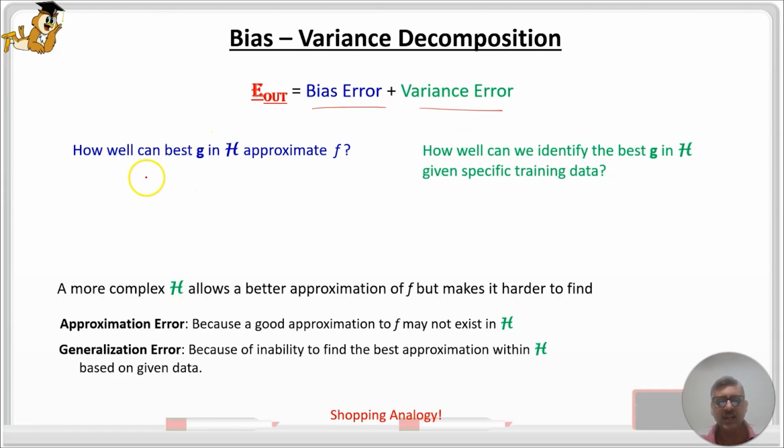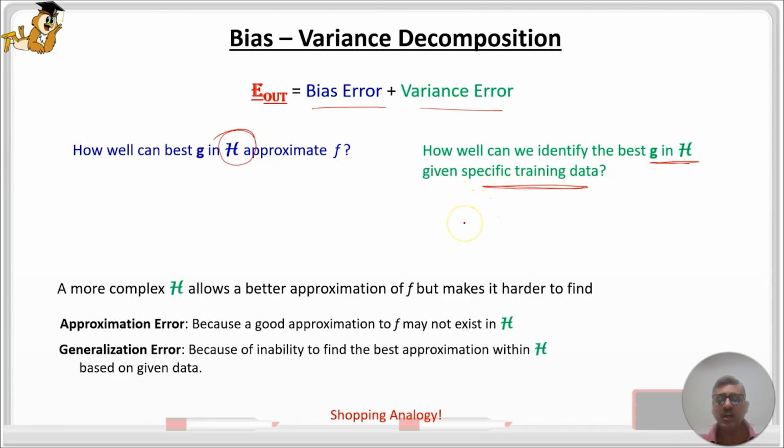Bias error pertains to how well the best g in H can approximate f, and it relates to the limitation of your hypothesis set, right? And the variance error, on the other hand, relates to the question of how well we can identify the best g in H given specific data.